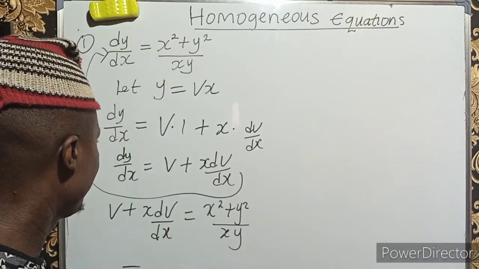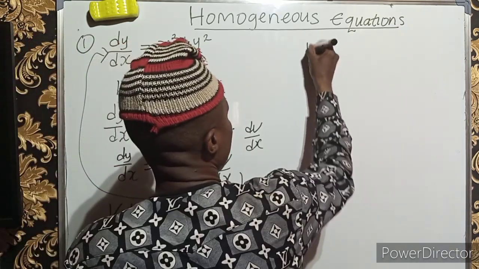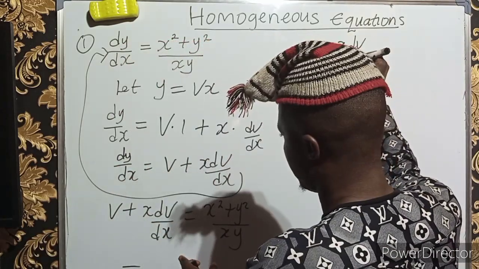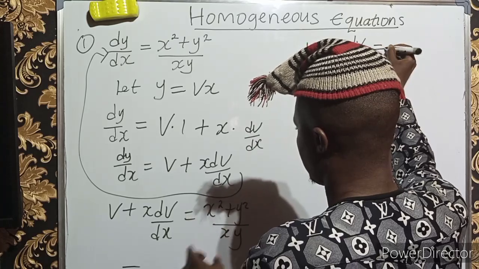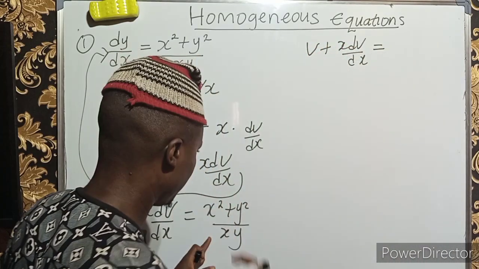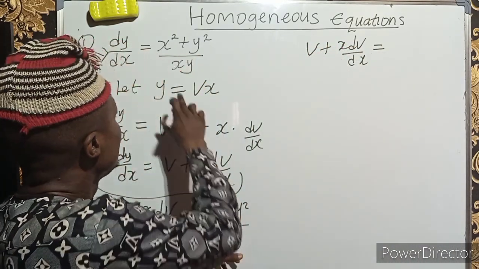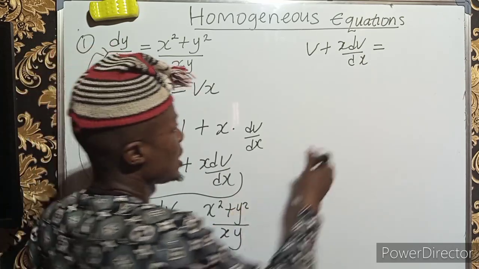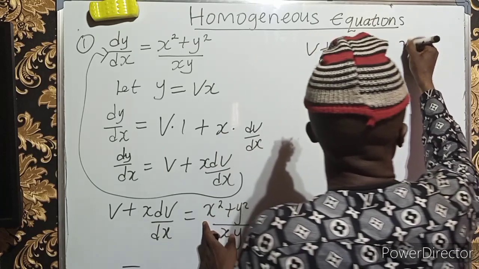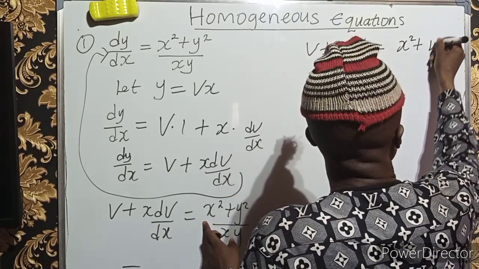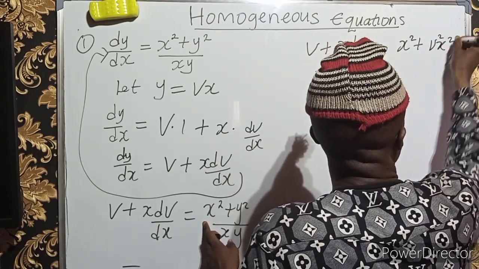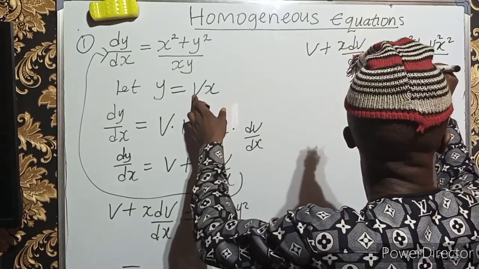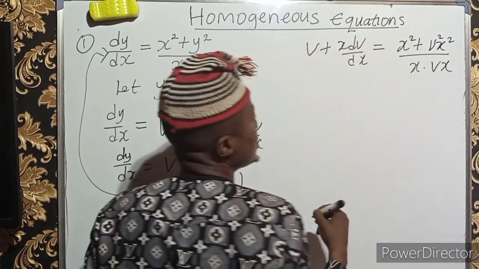Come over here, I will have this as v plus x dv over dx equals, now my y is vx, so I'll put in vx for y here. So I'll now have x squared plus vx squared all over x. Look at y again, I'll put vx dot vx.